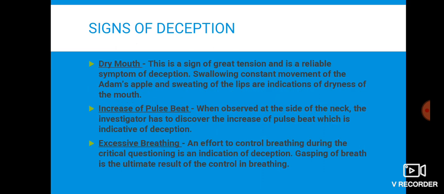Next, dry mouth. This is a sign of great tension and is a reliable symptom of deception. Swallowing, constant movement of the Adam's apple, and sweating of the lips are indications of dryness of the mouth.